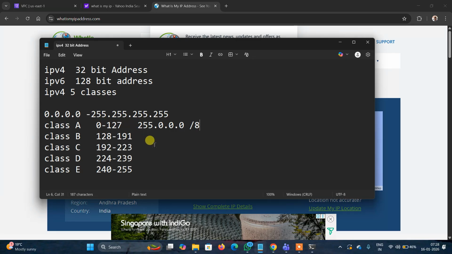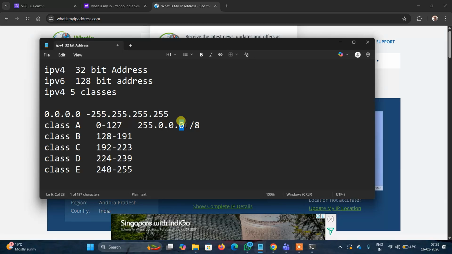How many bits are there in an IP address? 32 bits. This is the first octet, 8 bits. This is the second octet, 8 bits. This is the third octet, 8 bits, and this is the fourth octet, 8 bits. How many 8s are there?